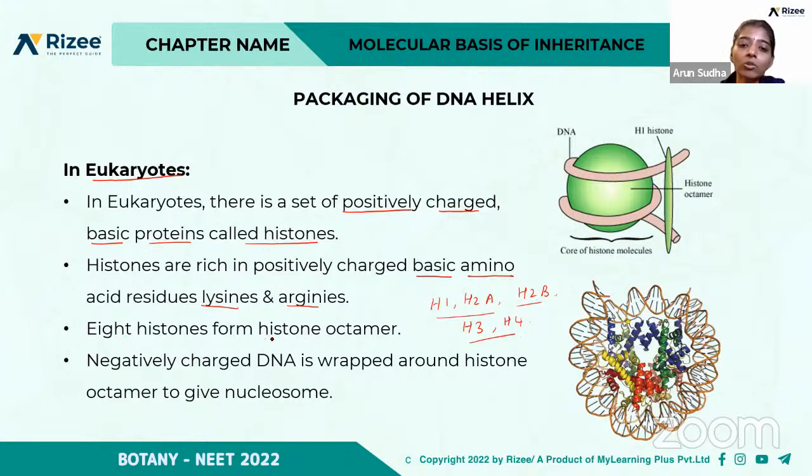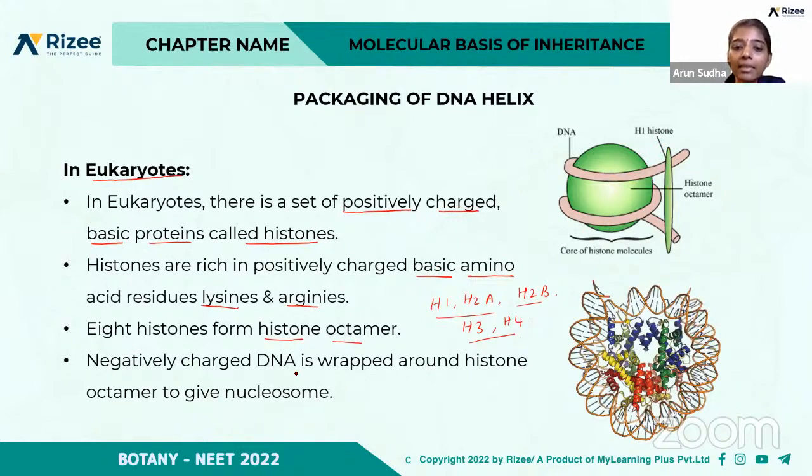They form a histone octamer. So that is the center part. This green one represents the histone octamer, that is 8 histones forming an octamer. And this is the H1 histone. This H1 histone alone exists as a separate entity.